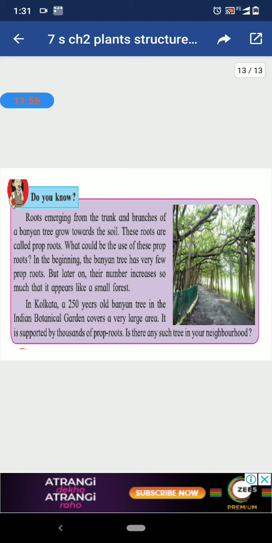In Calcutta, a 250-year-old banyan tree is there in the Indian Botanical Garden, and it covers a very large area, supported by thousands of prop roots. It contains nearly thousands of prop roots. And the question asked is: is such a tree in your neighborhood? Proceed.